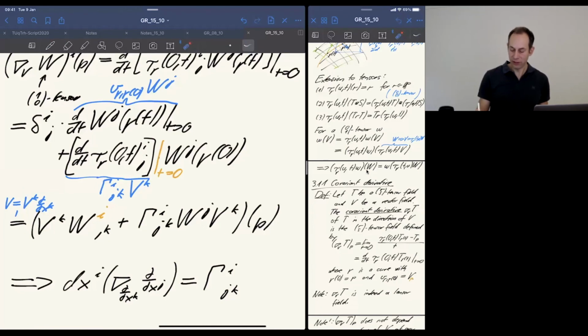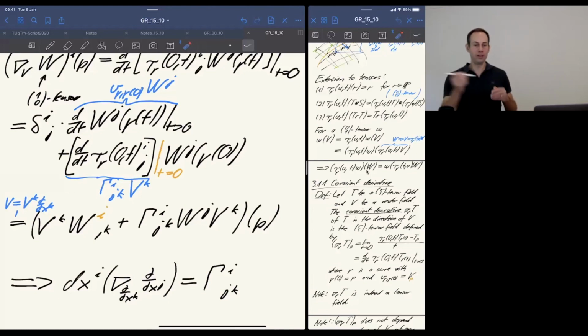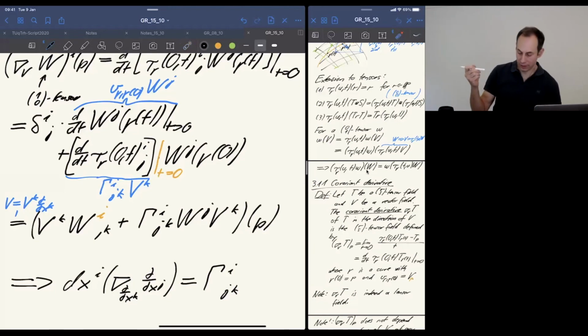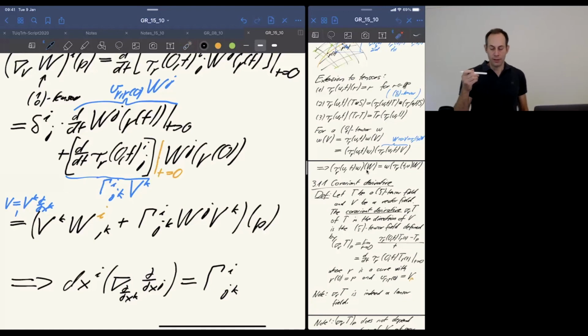And what is the interpretation? The interpretation is each of these coefficients corresponds to the following thing. Take a vector that points in the j coordinate direction. So for example, this is the direction I get by increasing the j coordinate, but leaving all the other coordinates invariant, and I take this vector in this direction, and now I look at how it changes as I move in the k direction of my coordinates.